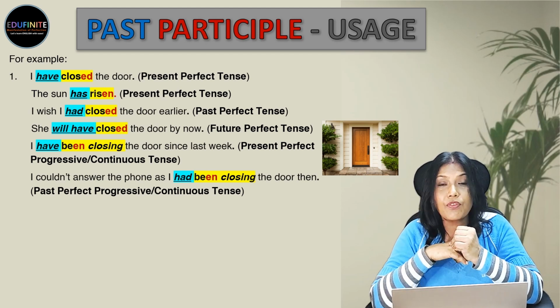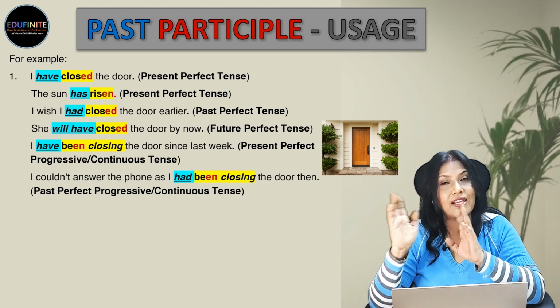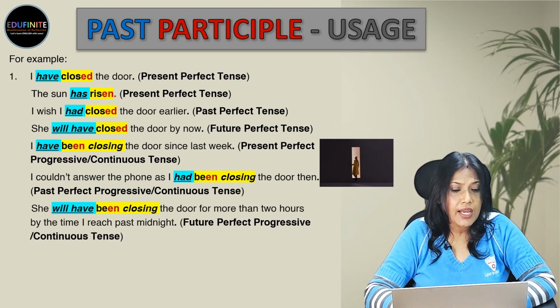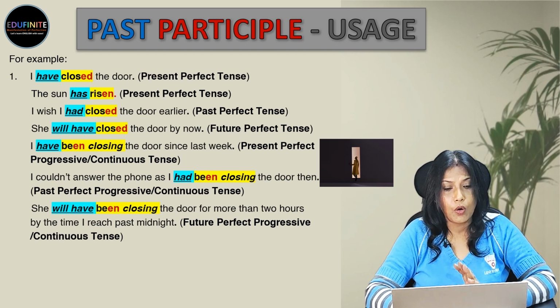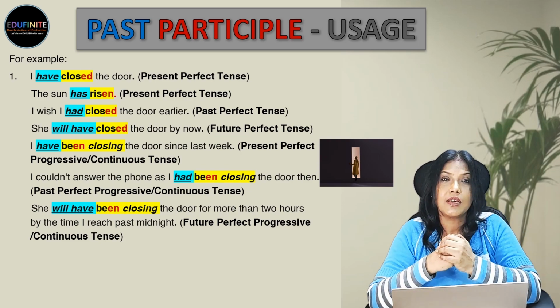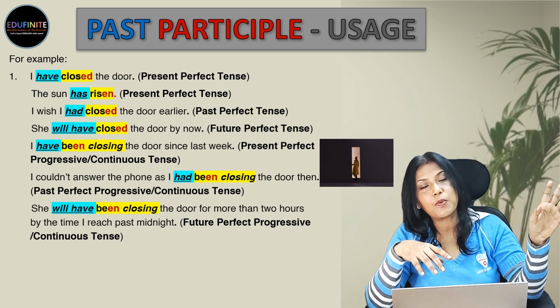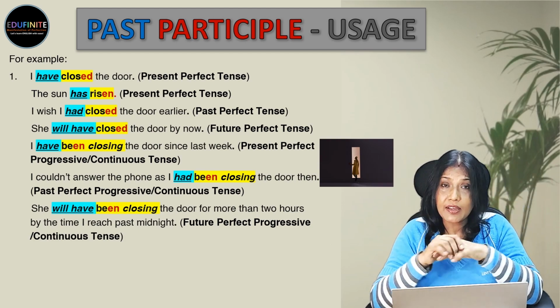So this is how we form the past perfect progressive or past perfect continuous tense. Okay, the next one: she will have been closing the door for more than 2 hours by the time I reach past midnight. So yes, by the time I reach home past midnight, 2 hours before that, she will have been closing the door.